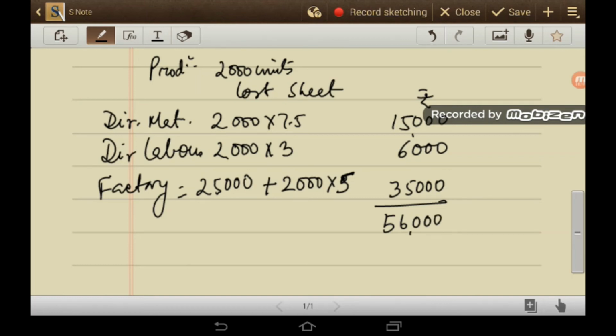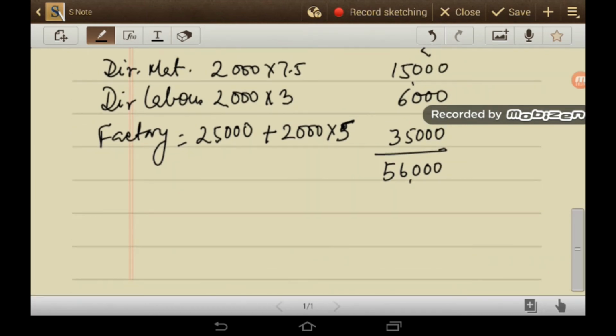Now it is given in the question that profit is 20% on sales. I have discussed this concept in my earlier video, the relation between total cost, profit and sales price. Here I will just do the solution.